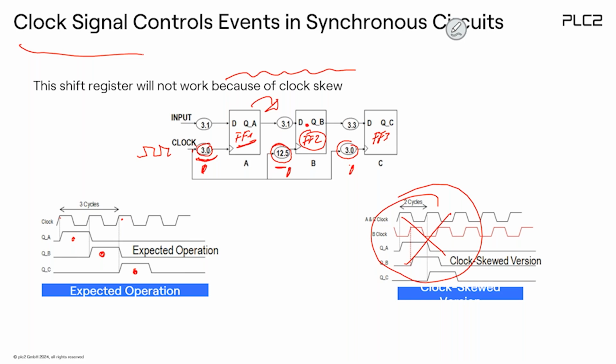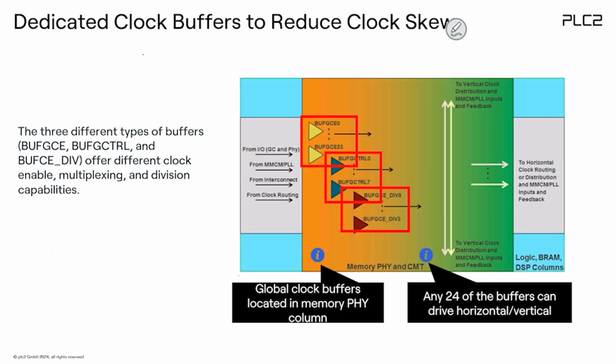And how can we do this? That's now the point. All the FPGAs, also all the AMD or Xilinx FPGAs, 7 series or UltraScale, have very, very special buffers in order to avoid this problem. These buffers are called BUFGCE, BUFGCTRL, and BUFGCE_DIV.